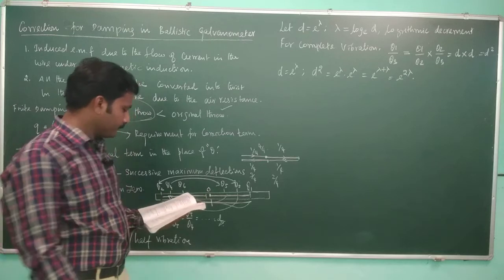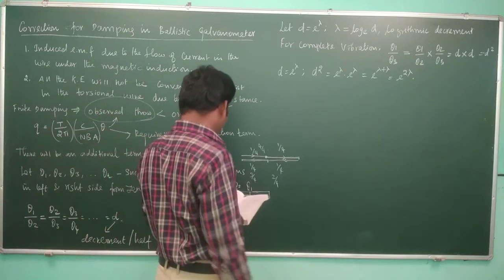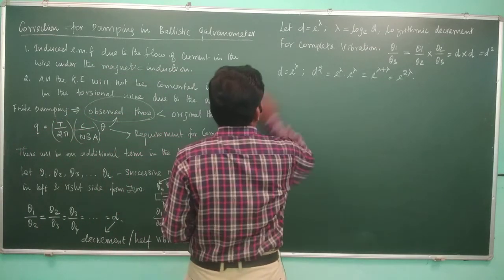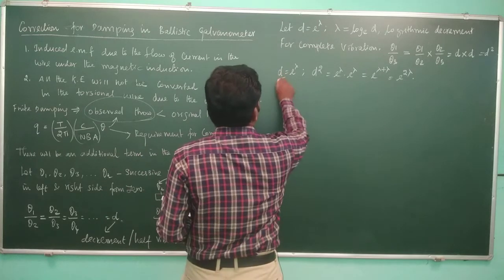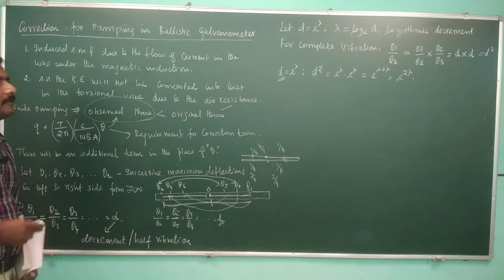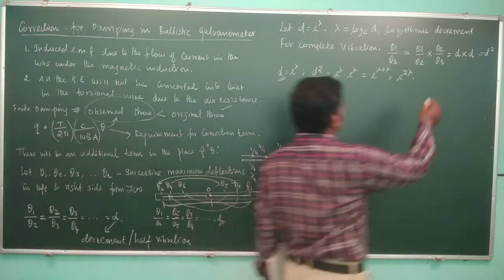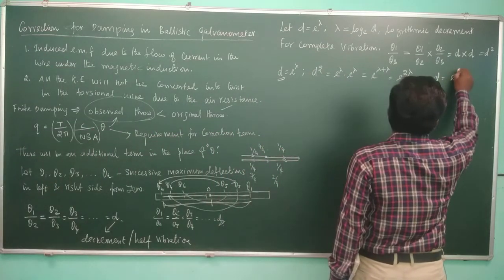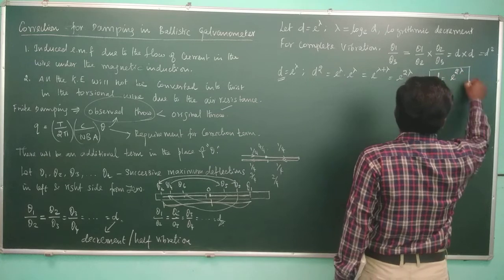So the decrement factor for the complete vibration is e power 2 lambda.